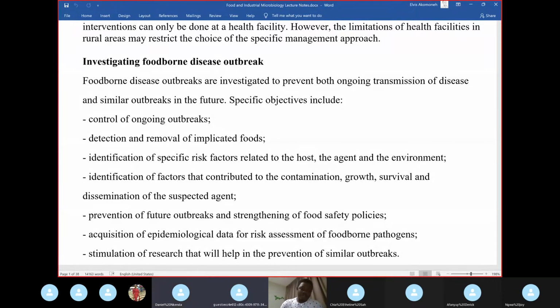So I'll take you right to Bamenda. We could identify that there's a food vendor at Bamenda, maybe at 3 Corners, who is selling contaminated food.